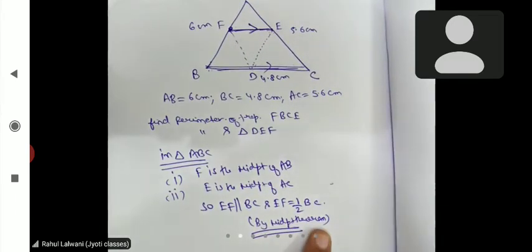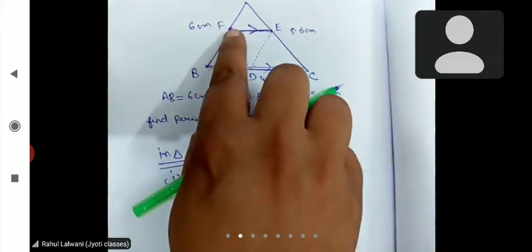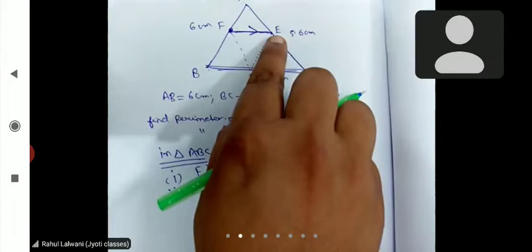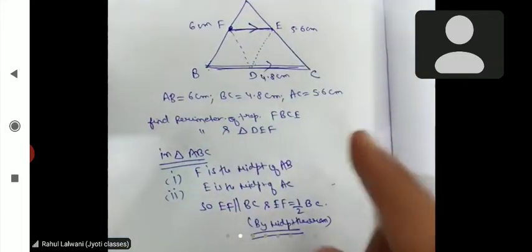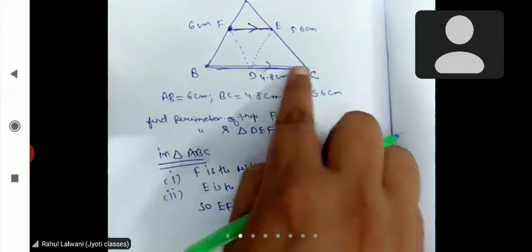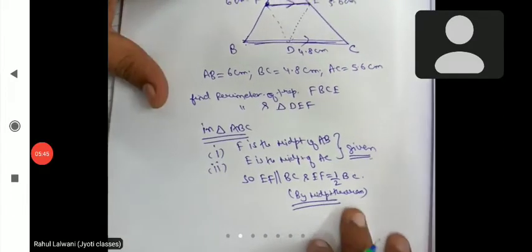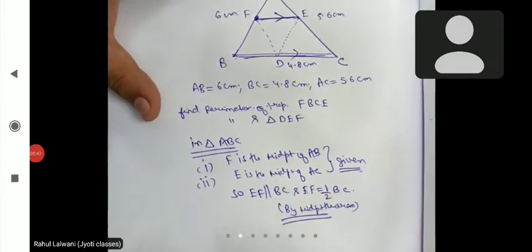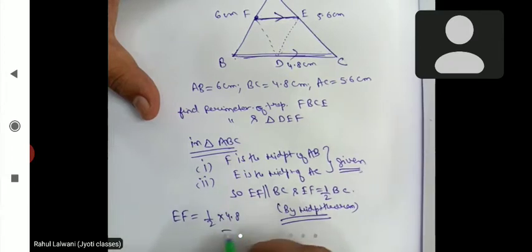What does the midpoint theorem say? The straight line joining the midpoints of any two sides of a triangle will be parallel to the third side and will be equal to half of it. Now see, EF is equal to half BC. So EF is equal to half into 4.8, which is equal to 2.4.